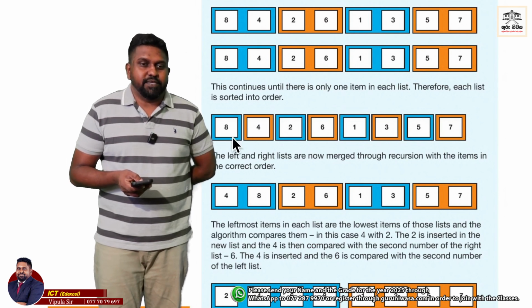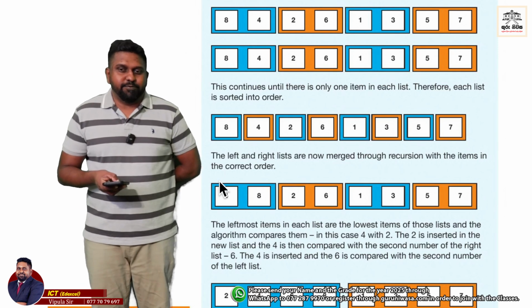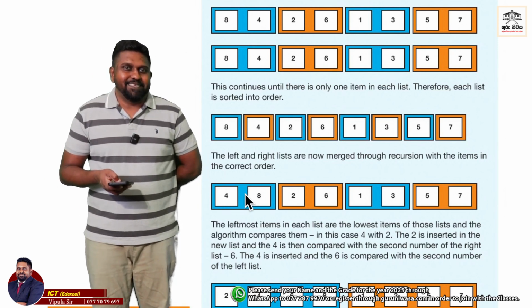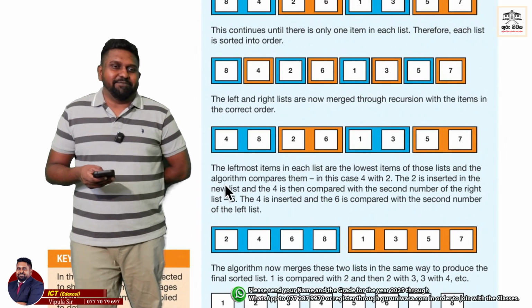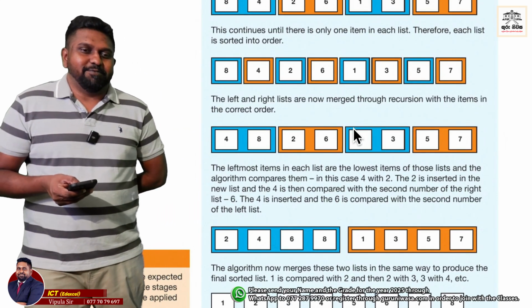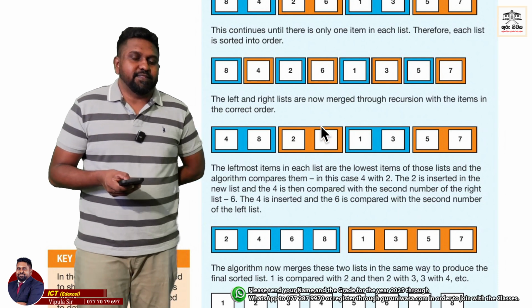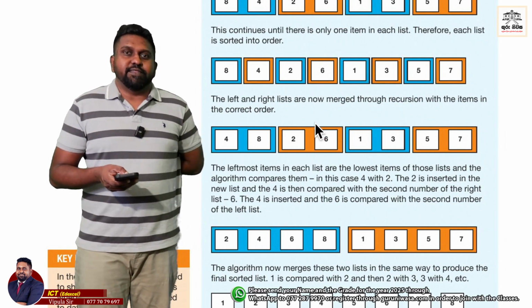Here, 8 is obviously greater than 4, so we get this mapped. Now we have 4 and 8, and then we have 2 and 6. Since 2 is less than 6, this does not change.